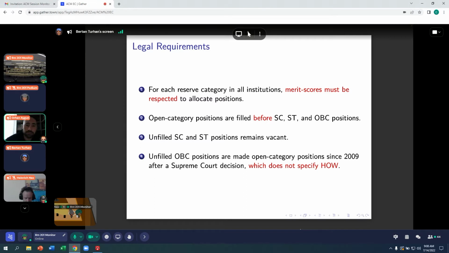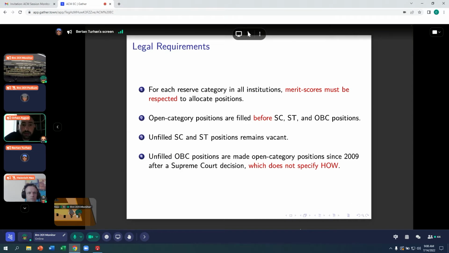So if a student has a high score, even when that student is eligible for reserve category, if that student is also eligible for open category, that student must get an open category seat instead of reserve category. Okay, so we fill those seats beforehand.